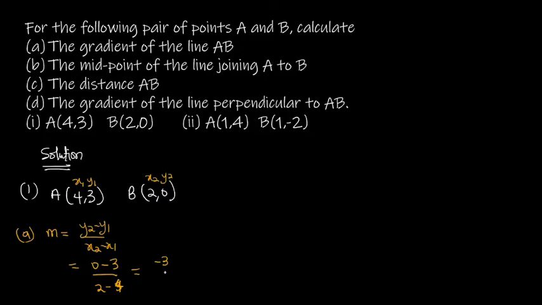So negative 3 at the top on 2 minus 4, which gives me negative 2. So this is equal to 3 on 2. So my gradient for these 2 points A and B is 3 on 2.